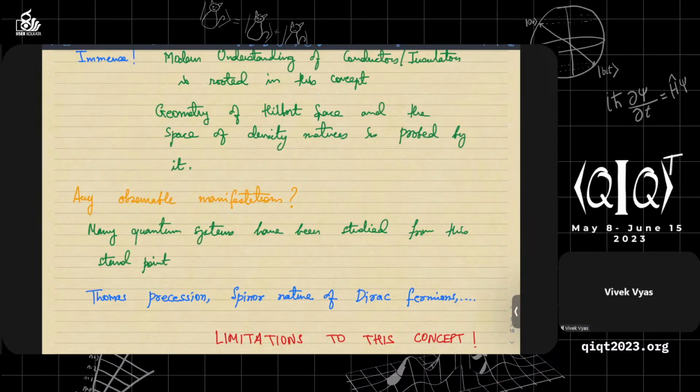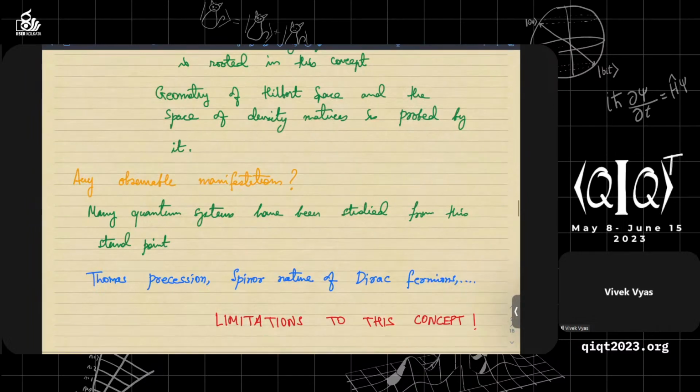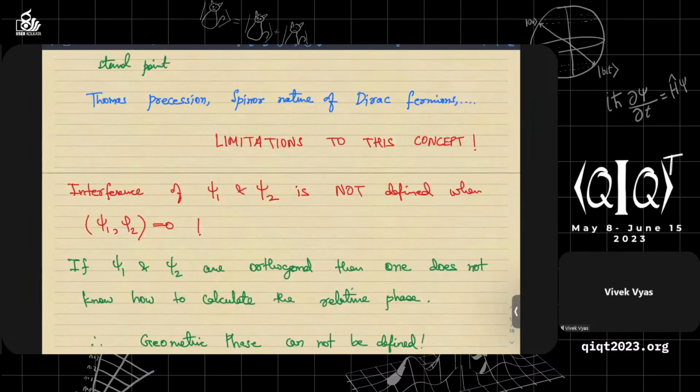More simply, the spinor nature of the Dirac fermions is due to that. The Thomas precession, if you are familiar, or the Wigner rotation in relativity, you can probe them down to this simple concept of geometric phase, their manifestations, and several other manifestations of this concept.